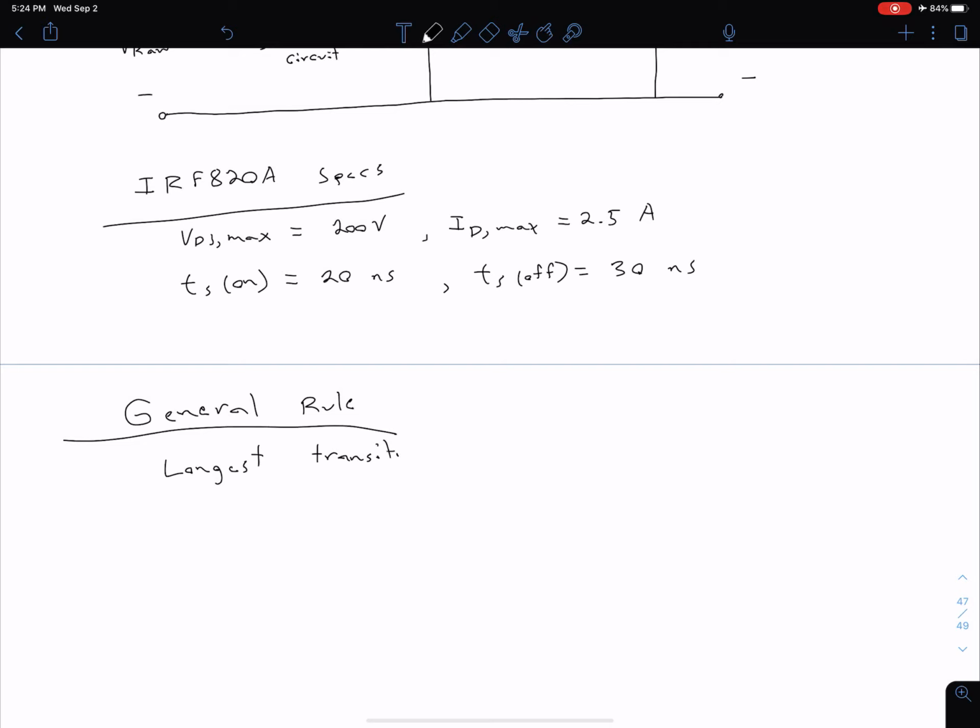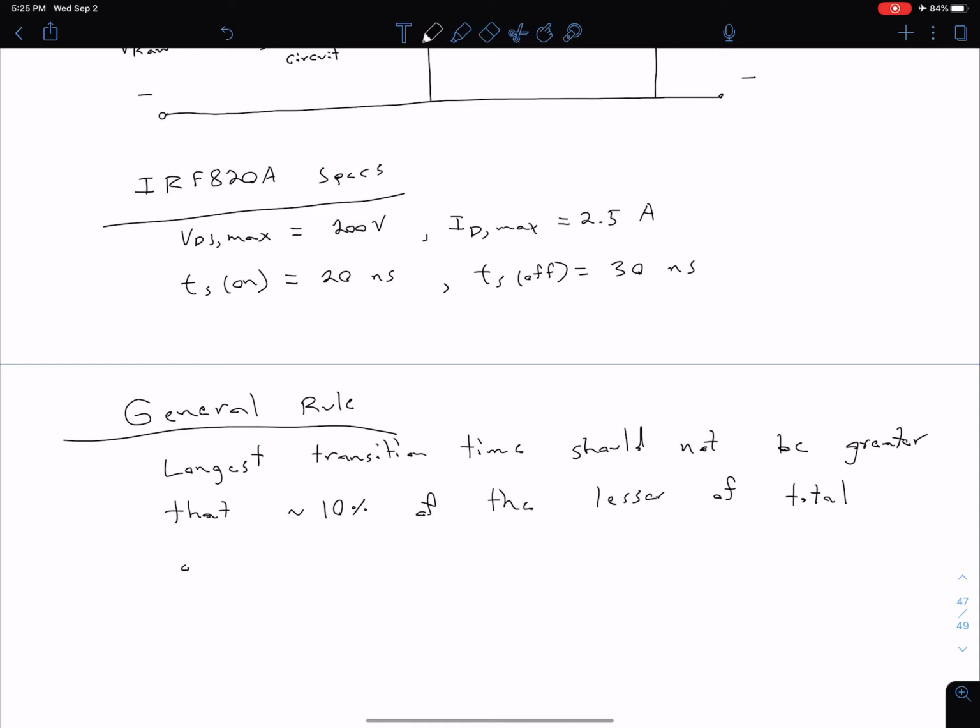By transition time we're talking about this TS on and this TS off, and we're saying this should not be greater than approximately 10% of the lesser of our total on time or total off time.